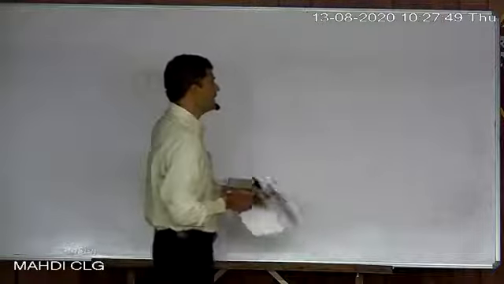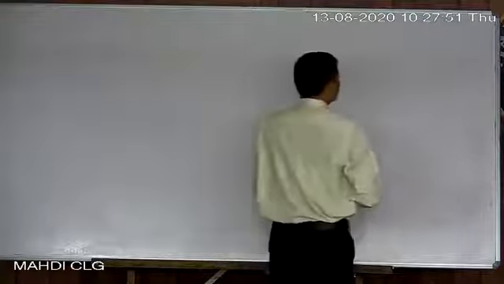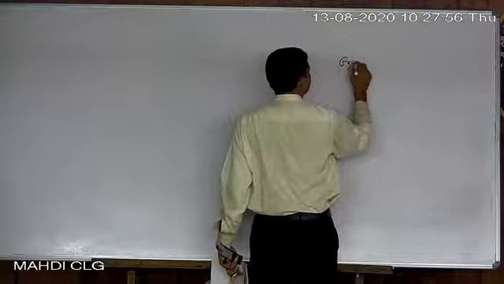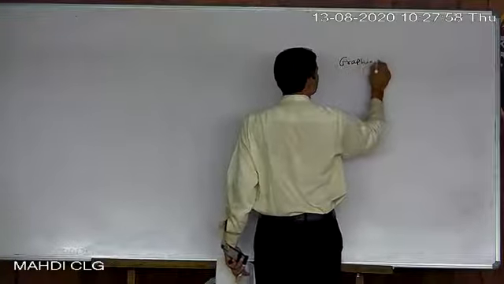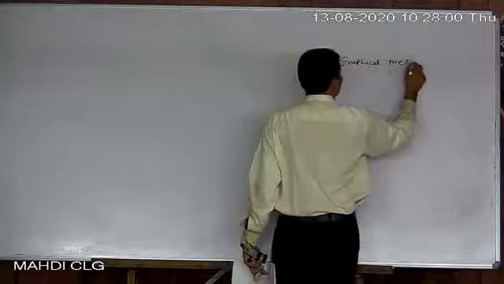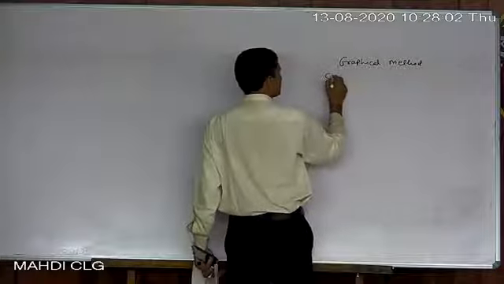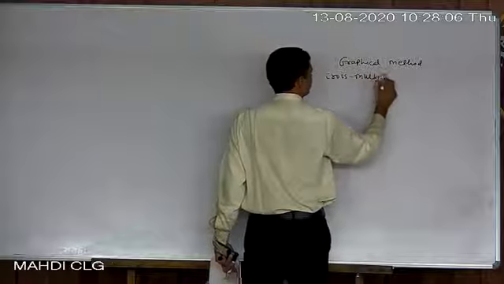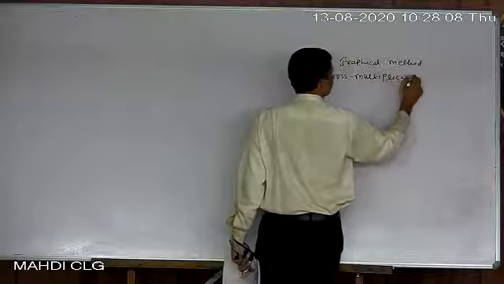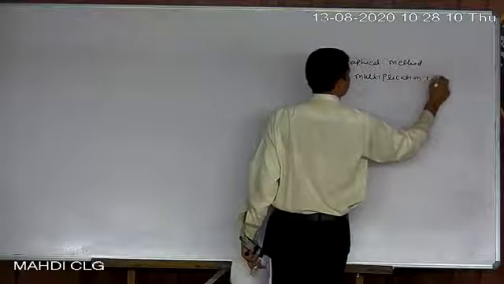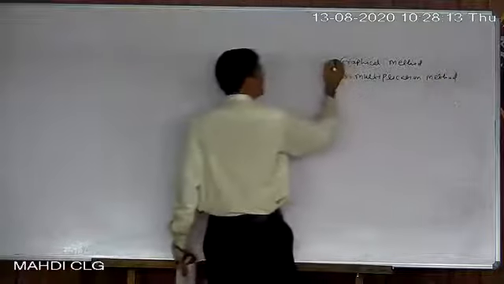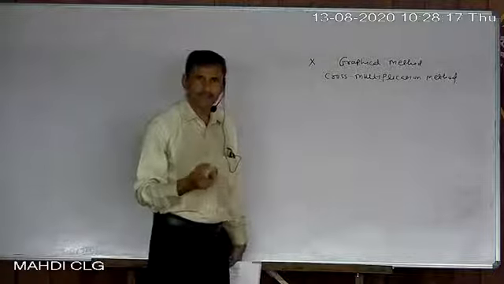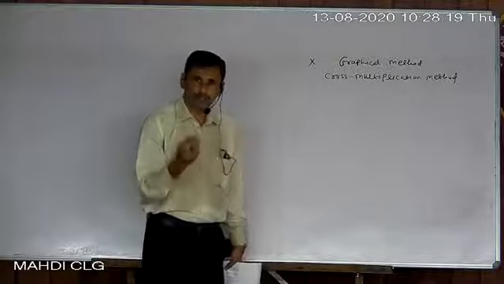So I am just writing it: first is the graphical method, and second one is the cross multiplication method. Due to the graph, we are not cancelling it, but just postponing it for the time being.